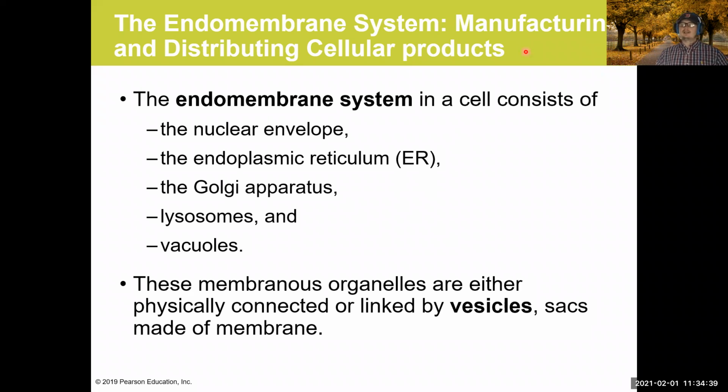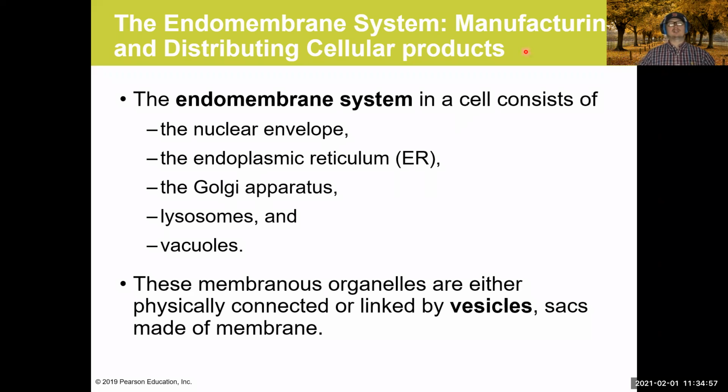These organelles are all membranous in structure, and they're connected or linked to one another by vesicles. They kind of just look like sacs of membranes inside of the cell.